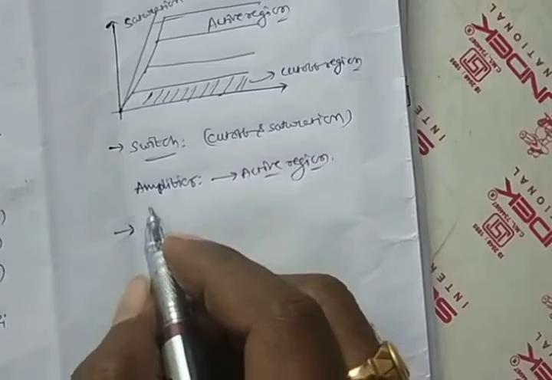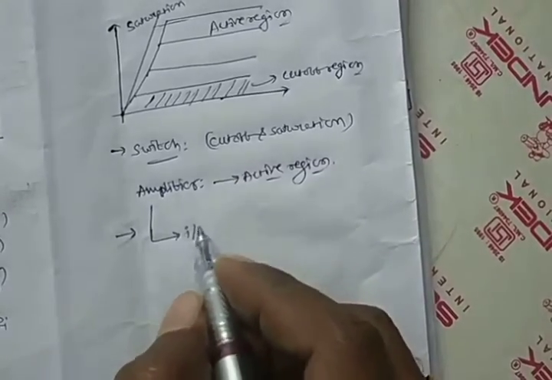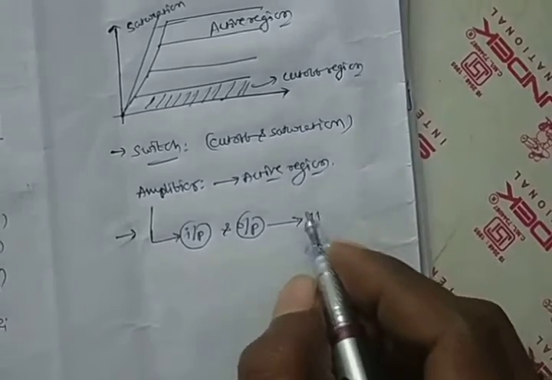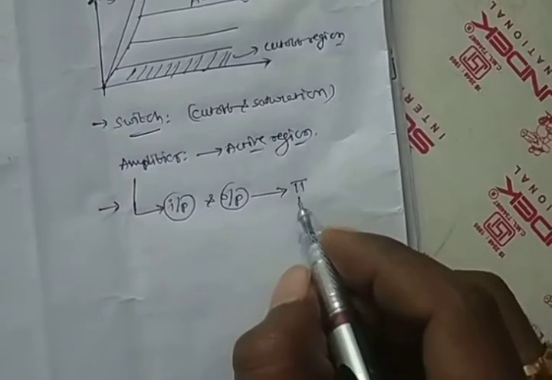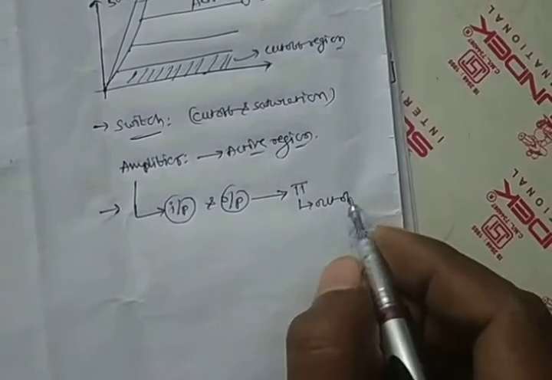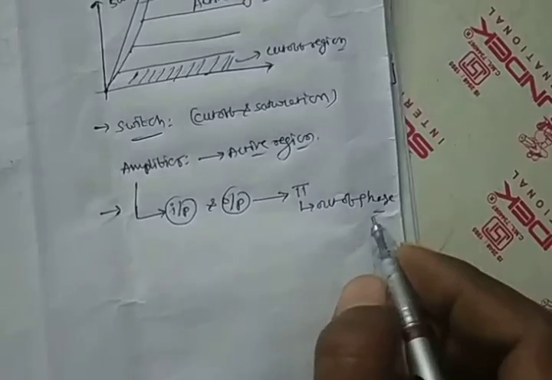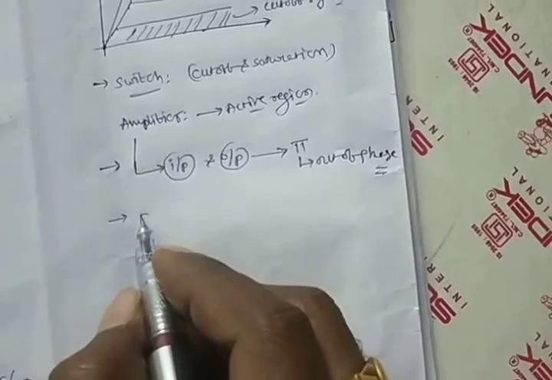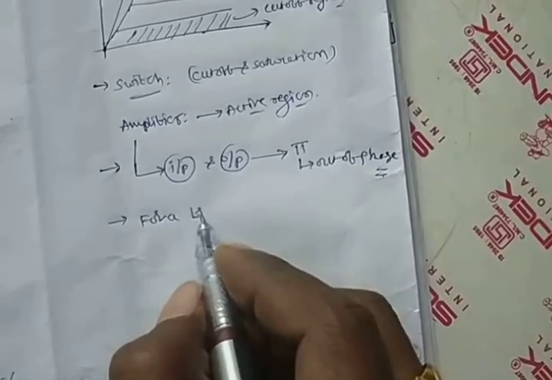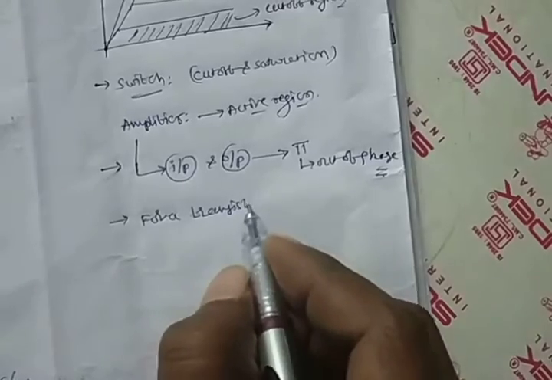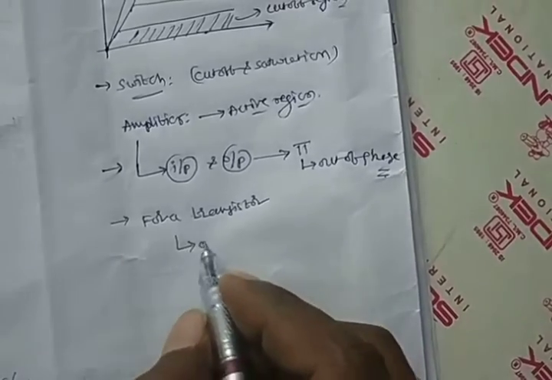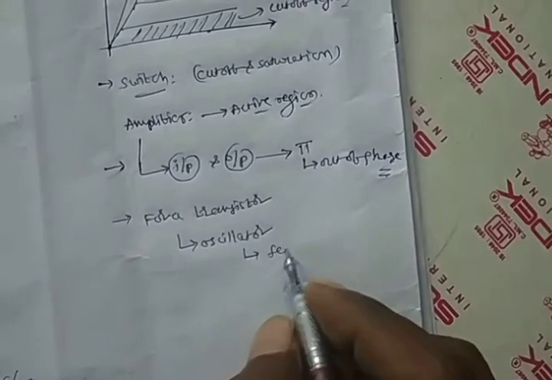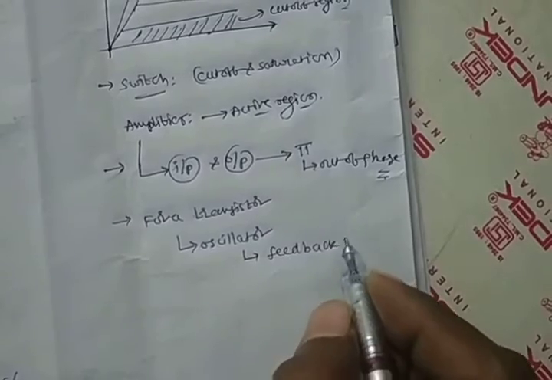In the case of an amplifier, between the input and output there exists a phase difference of pi. Then it is said to be out of phase. A transistor can also be used as an oscillator, which contains a feedback circuit.